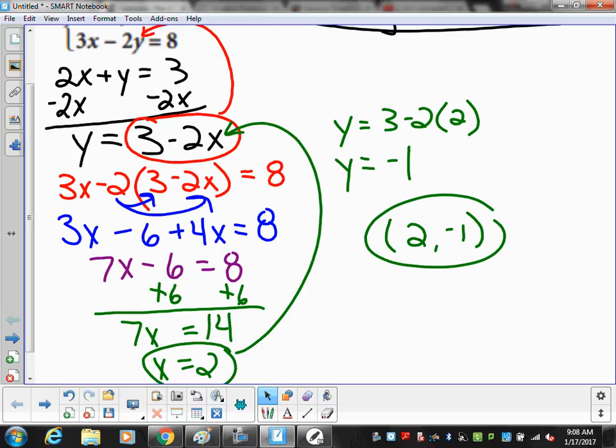Then from there, you just start plugging stuff back in until you find both of the values that you need. All right. Questions?